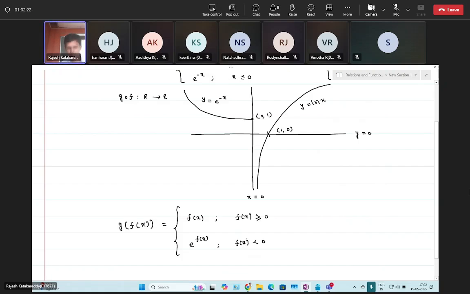Now, the important and difficult step is here. We should solve for the interval of x here. f of x greater than or equal to 0 means I need to draw the y equals 0 line. Greater than or equal to 0 means above the line, and less than or equal to 0 means below the line.